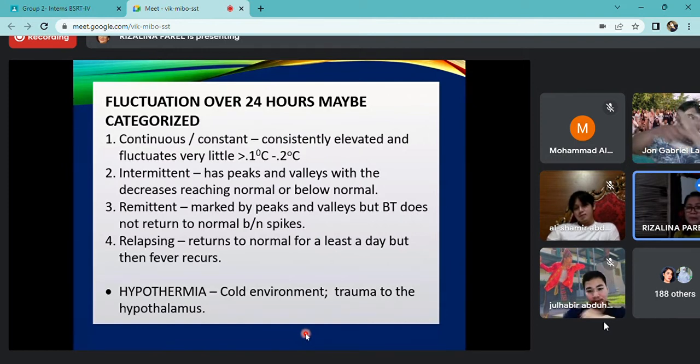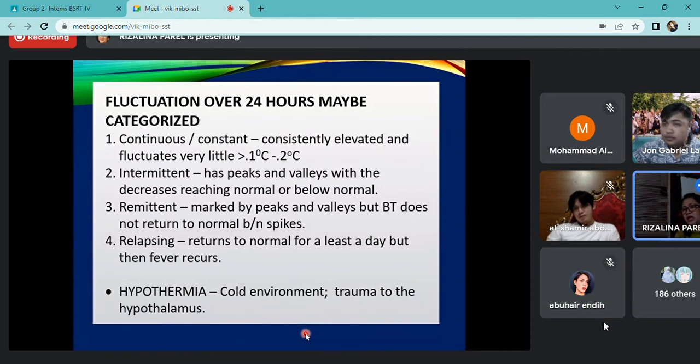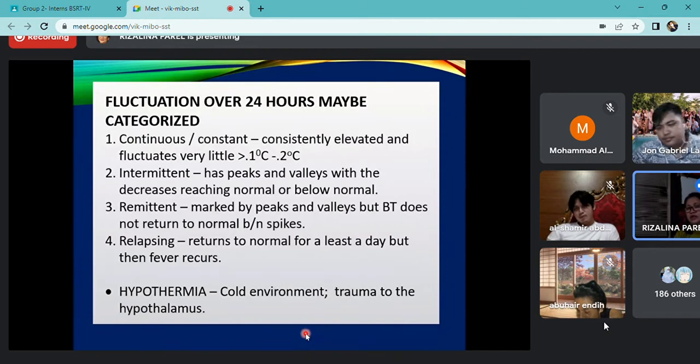We all know that the body temperature will have an effect on the oxygenation and carbon dioxide production ng ating pasyente. For every 1 degree increase in body temperature, there is 10 mmHg increase in consumption ng ating oxygen dapat. So dapat mag-i-increase ang ating consumption ng oxygen.